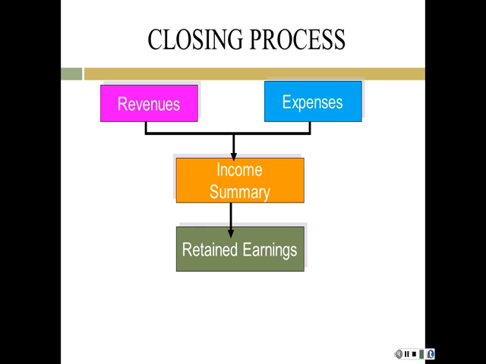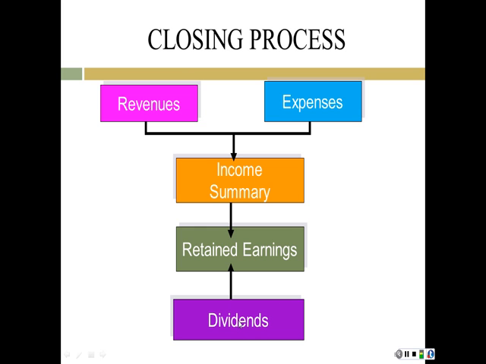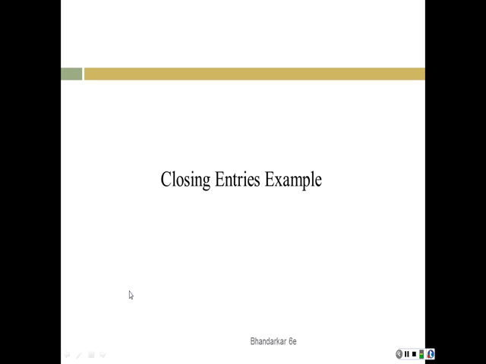The last step is to close out the dividend account to retained earnings. Once again, we saw that in the statement of retained earnings, where the dividends were deducted from retained earnings, and here we formalize that process through a journal entry. So what I'd like for you to do now is look at the video for the closing entries example that I have walked you through, which shows you how closing entries are prepared.